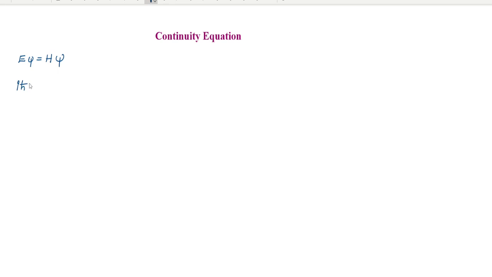i h cross partial derivative, dou by dou t, psi equal to the Hamiltonian operator, minus h cross square divided by 2m del square plus V, into the wave function psi. This is equation number 1.